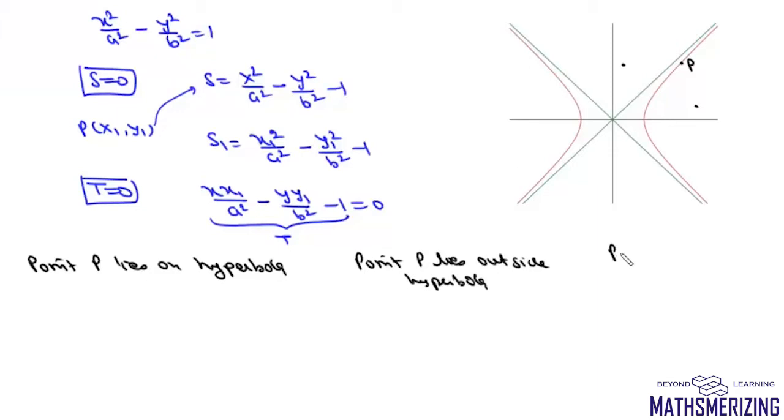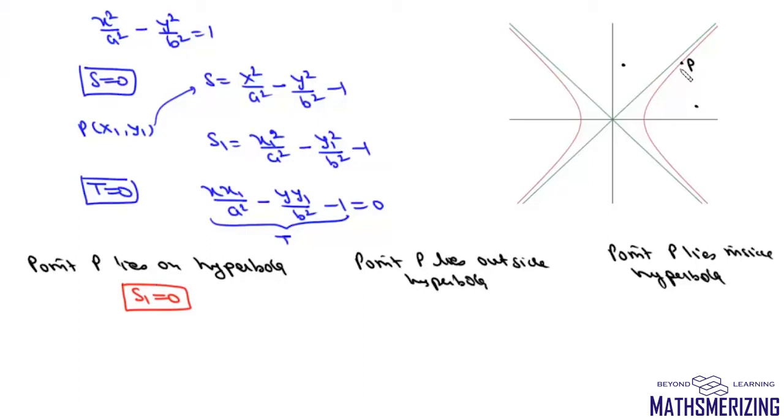That is, this point P lies inside hyperbola. Now if the point lies on the curve, it will satisfy its equation. And if it satisfies its equation, then clearly we'll get S1 as 0. So if the value of S1 is 0, then this point will lie on hyperbola.